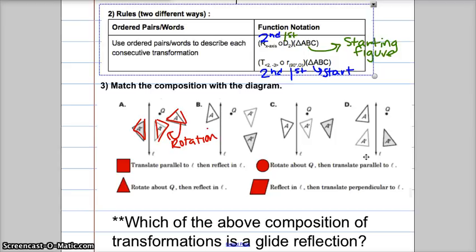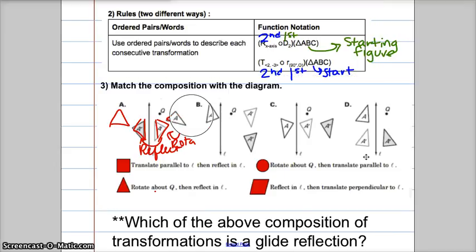And then what did we do to get from A prime over to A double prime? There was a reflection. So which of the 4 listed below, the square, the circle, the triangle, or the rhombus, describe letter A? Let's see, the triangle.